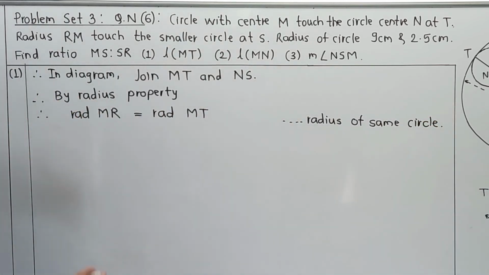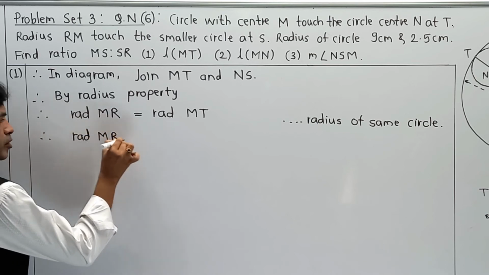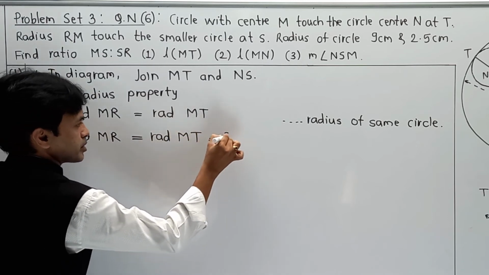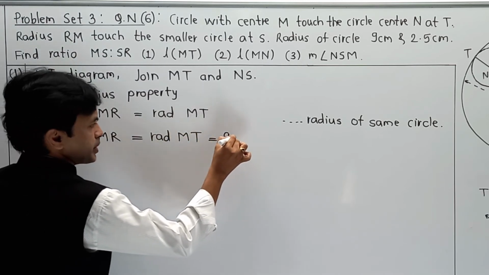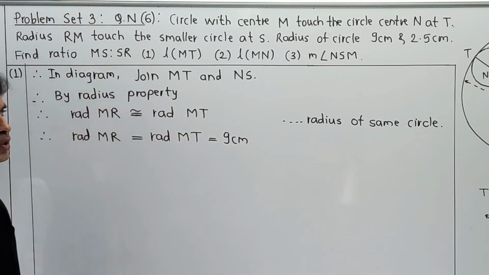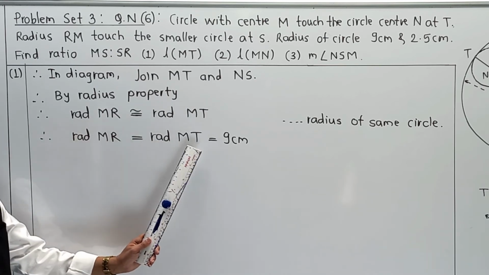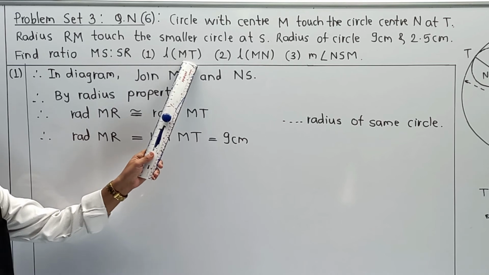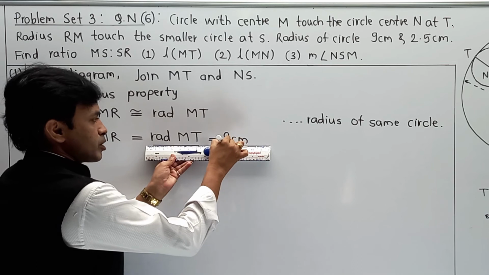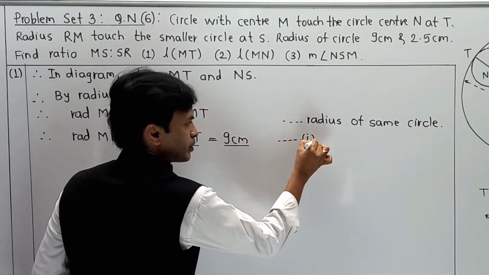Therefore, radius MR is equal to radius MT is equal to 9 centimeter. Here you can also write it as congruent to, because the reason is radius of same circle. Now you are able to get MR is equal to MT is equal to 9 centimeter, and we need MT. So your answer first, radius MT is 9 centimeter, and it is the first part of the answer. So I am going to give it as equation number 1.